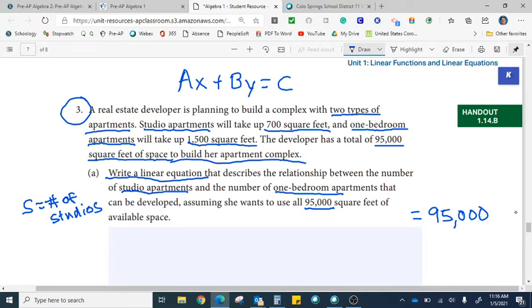Okay, let's see, one bedroom, let's say n equals one bedroom. I just wrote n because the O would look like a 0. So number of one bedrooms.